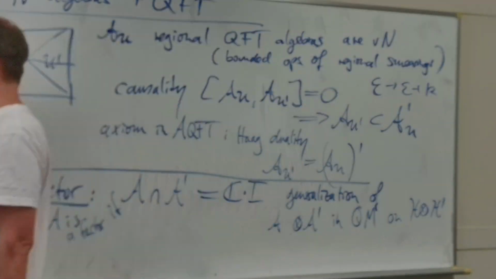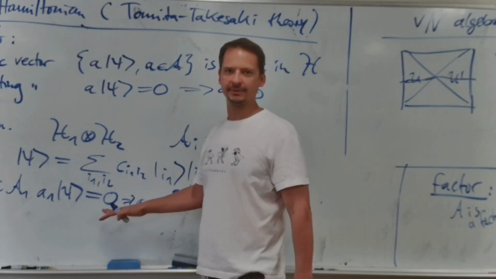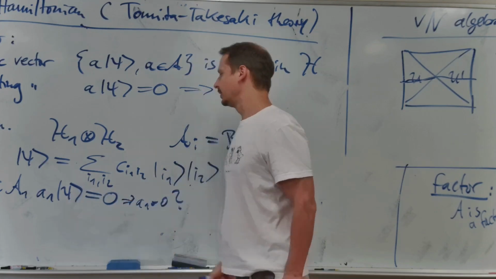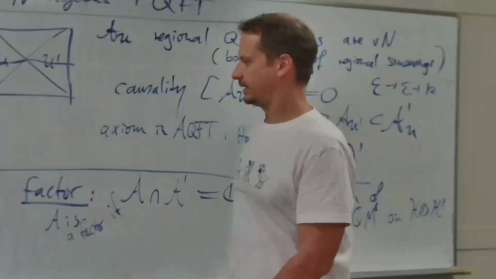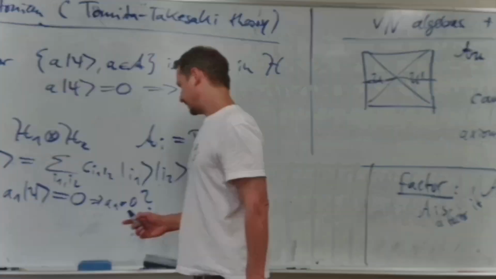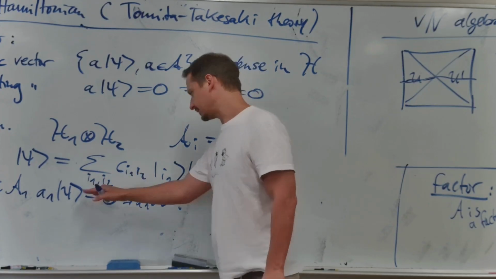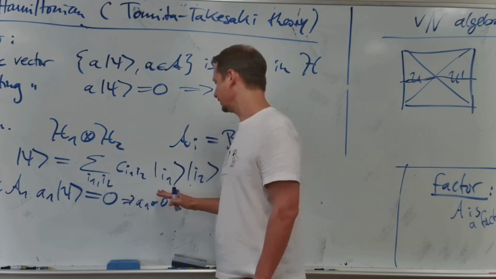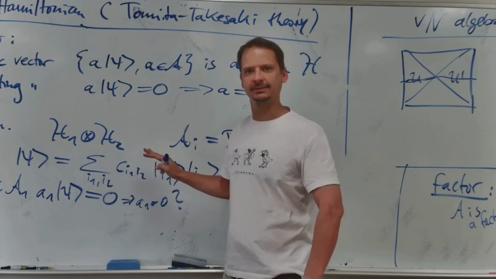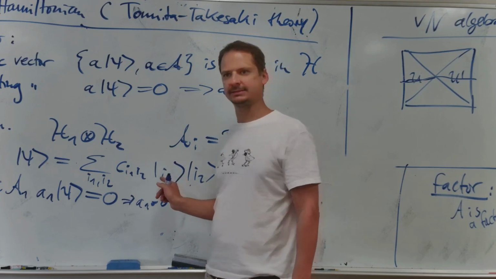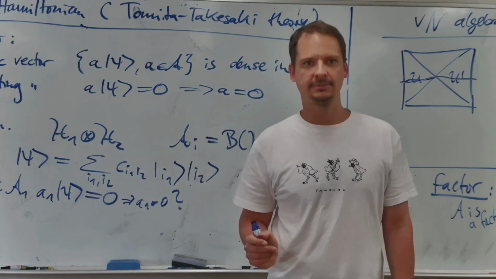And now you can convince yourself that the only way you can necessarily infer that this is true is if the state here is actually fully entangled, in the sense that if I take a trace over the second Hilbert space, it's a full rank state.